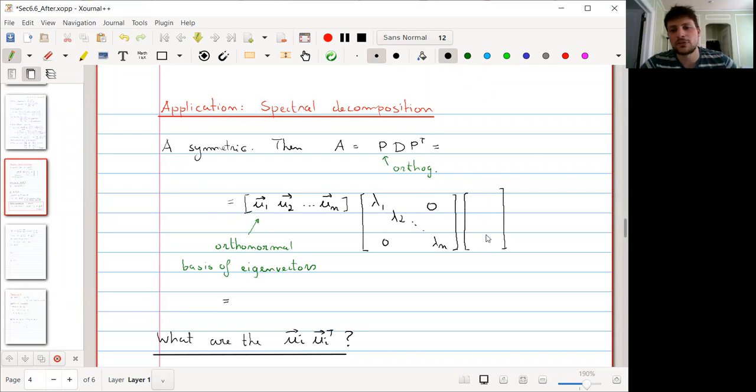And then allow me to write this matrix P transpose. I'll write it with the same vectors, except I'll transpose them because now I want to see them as rows. So here we see the eigenvectors as row vectors.